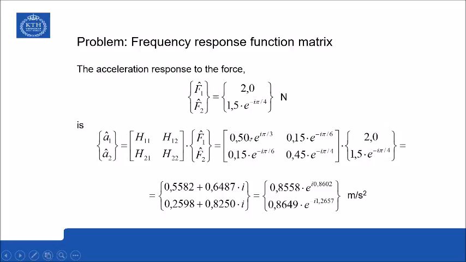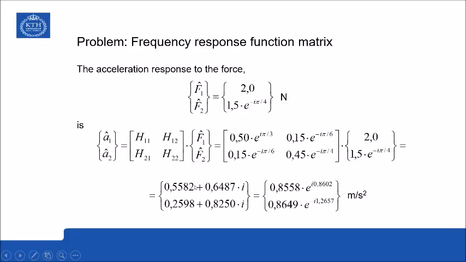Performing the matrix vector product in a standard way, the matrix multiplied with the column vector like this gives the first element, and the second row multiplied with the column vector gives the second element.